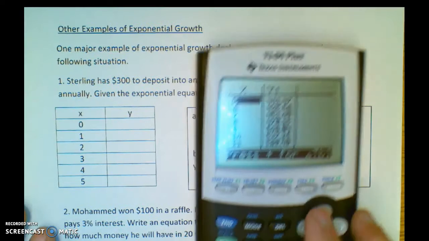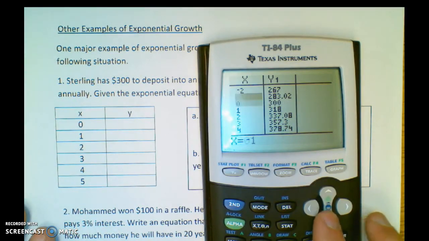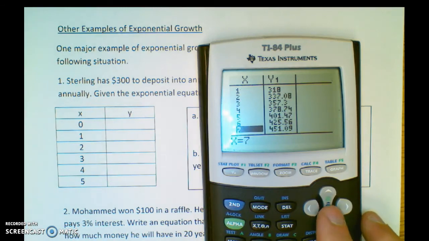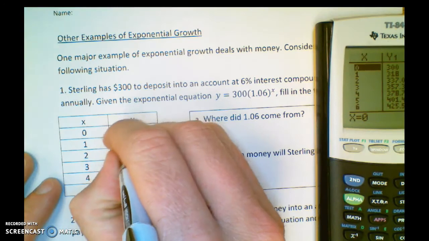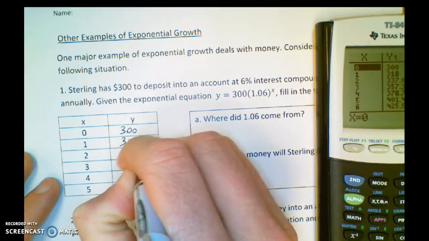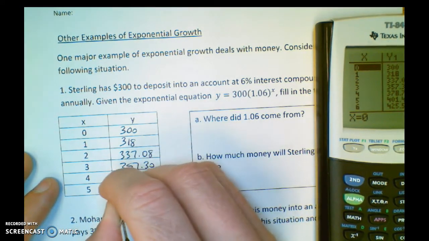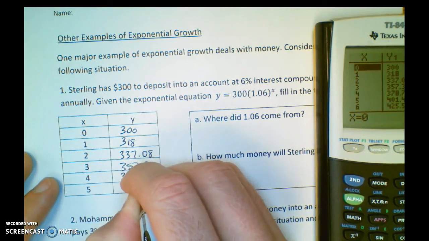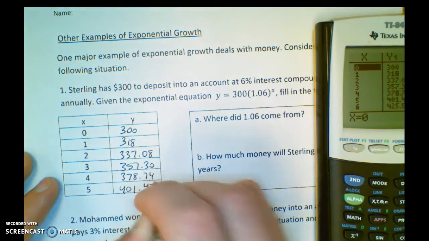Second table. So let's fill in those numbers. 300, 318, 337.08, 357.30, 378.74, and 401.47.